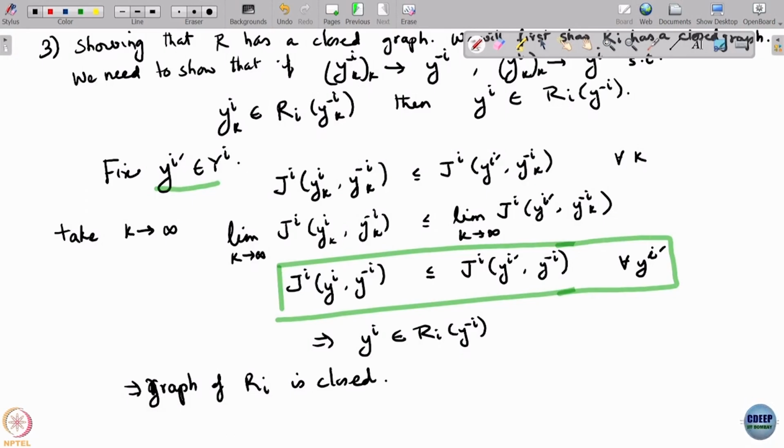Now, we can do this collectively also for R, because R is itself a product of the Ri's. The argument is a little bit subtle. I don't want to confuse you, but essentially you do it for the first player by taking some sequence, then take a subsequence of that sequence, along which you do it for the second player, and then a further subsequence for the third player, and so on.